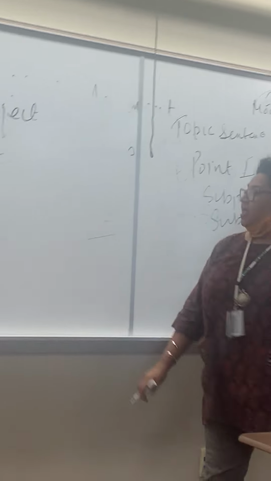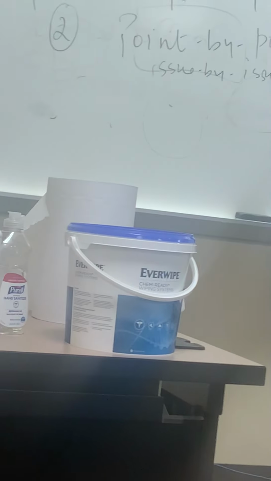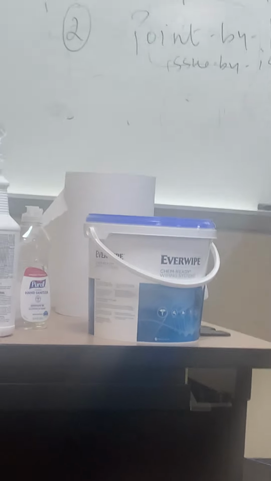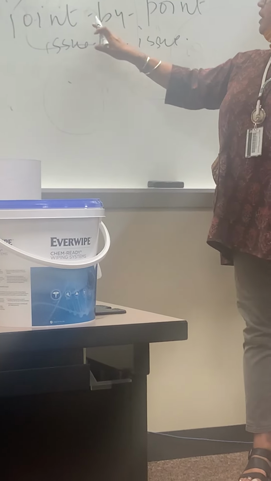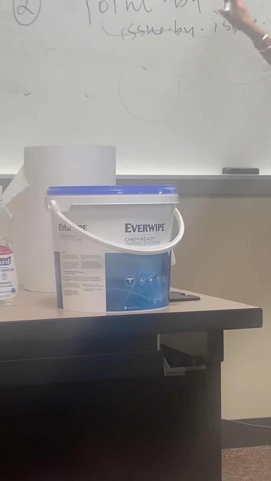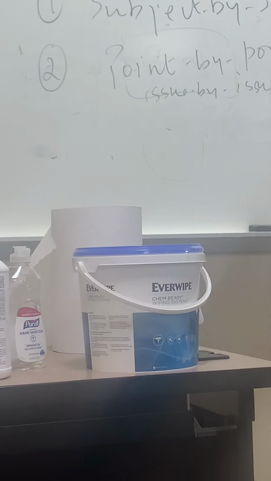However, I must tell you, your paragraph literally is divided into 2, right? Half of it is point A, subject A, subject B, subject A, subject B. Point by point, yes, turn it off then, right? Or turn off the sound. Point by point, issue by issue, it will look really differently.